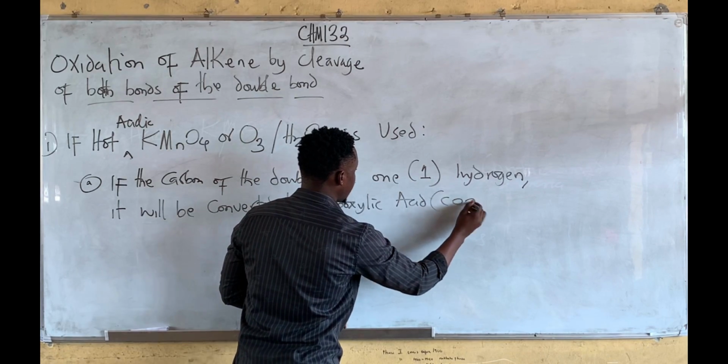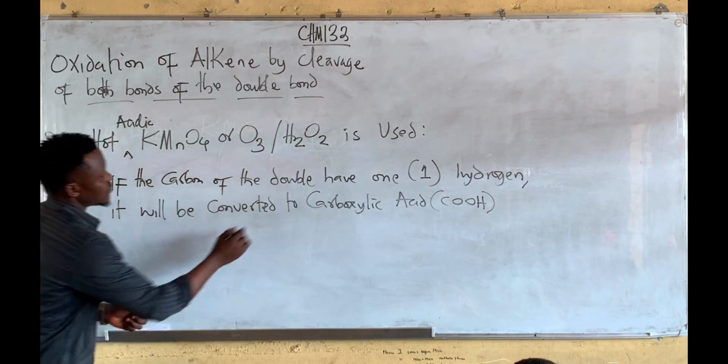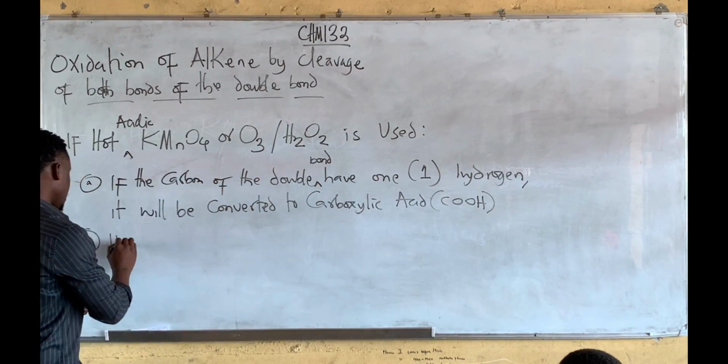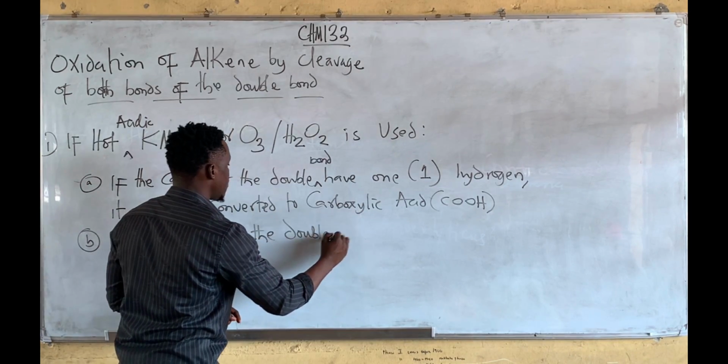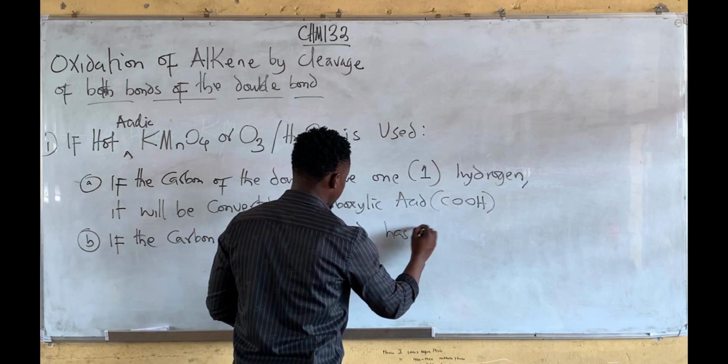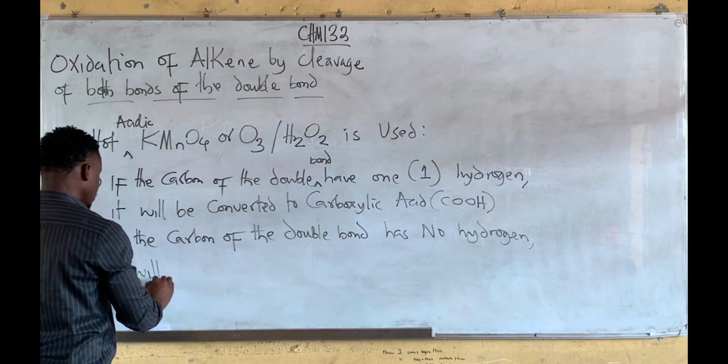Before we take the second one, I'm going to give a series of examples so that this will stick. But let me just take the second one as well. B. If the carbon of the double bond has no hydrogen, it will be converted to ketone.